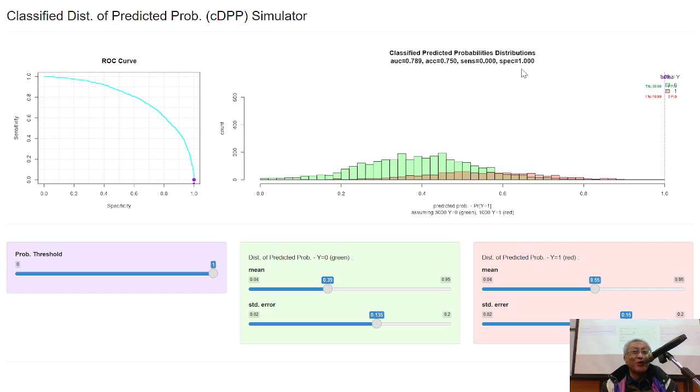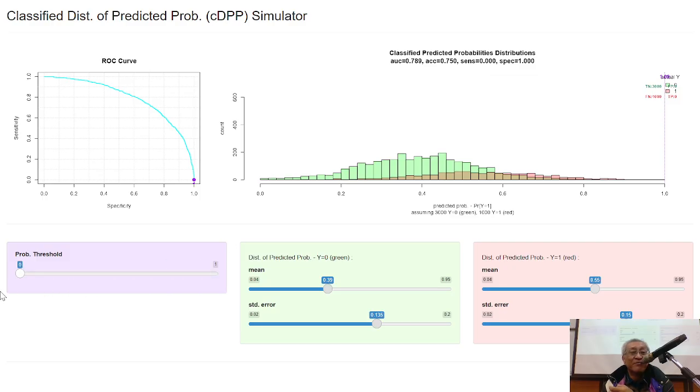But on the other hand, the specificity will be equal to 1, right? Because if I set that threshold to 1, then every point would be predicted as negative, right? So given that you are negative, I will always catch you, right? But if you are positive, then I will always lose you.